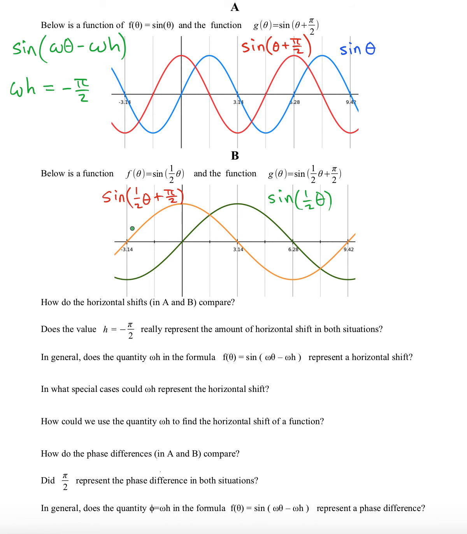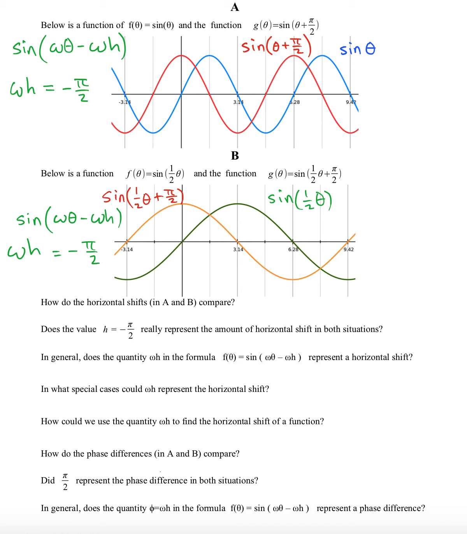And so for this example B, we again want our function in the form of sine of omega theta minus omega h. And that would mean that our omega h is once again negative pi over 2. So both A and B have the same omega h quantity.